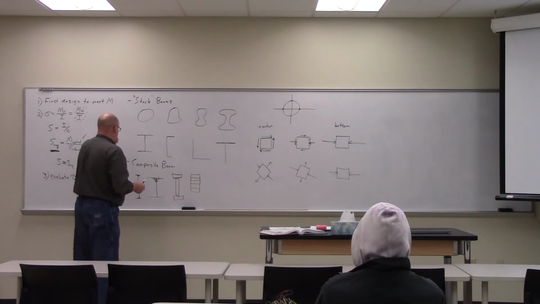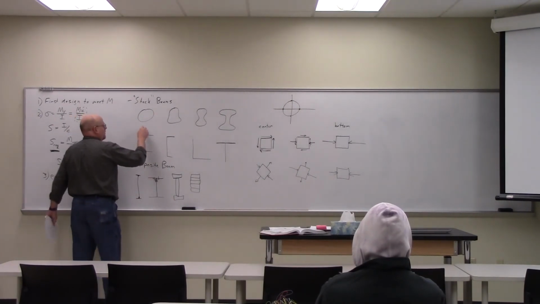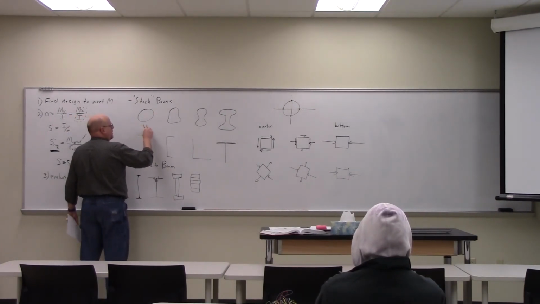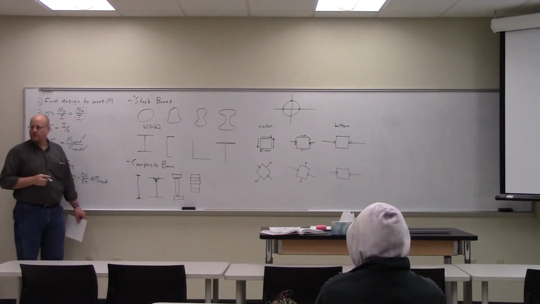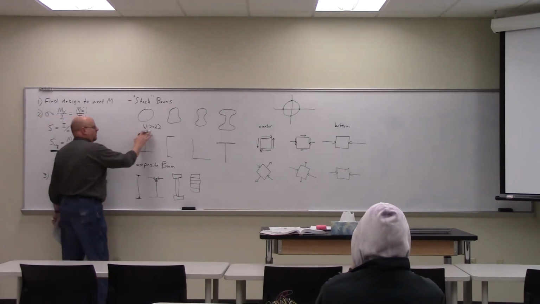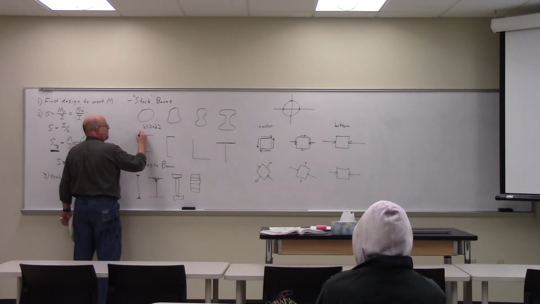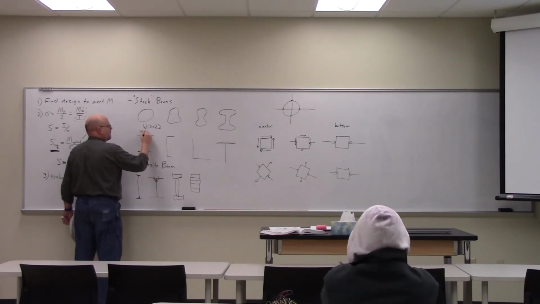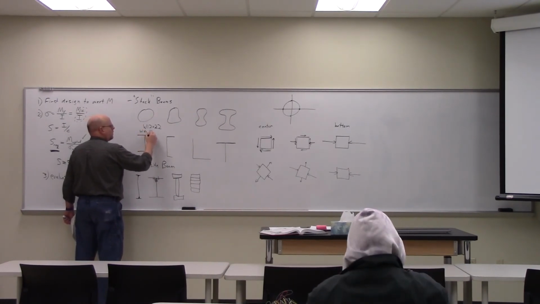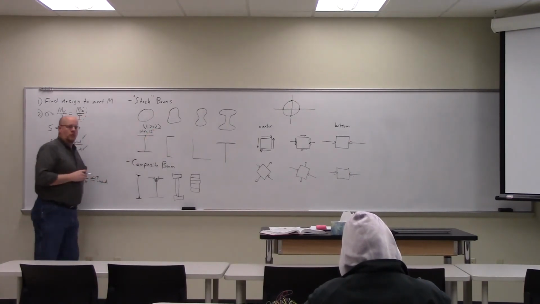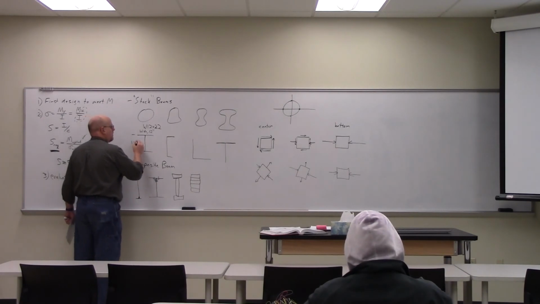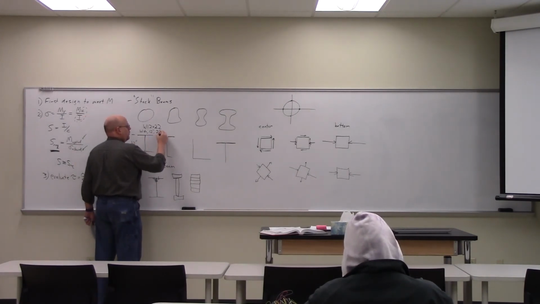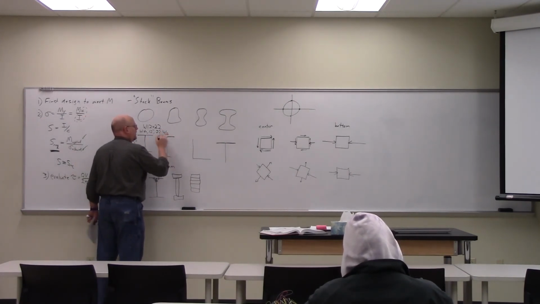All right, and when you do look them up, for instance, the I-beam might be labeled as something like W12-22. If this was in English units, W means wide flange, 12 is the 12 inches, the height of the beam, and 22 is the number of pounds per foot of the beam.